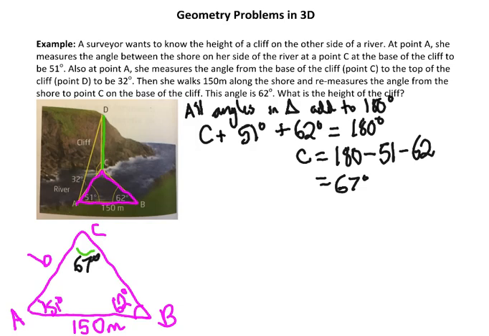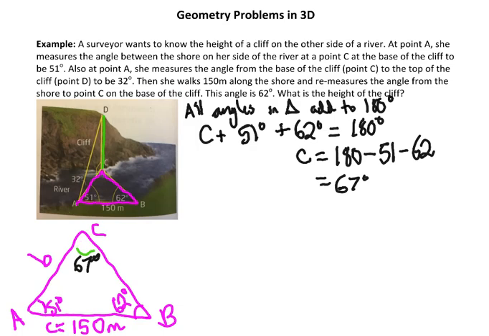Now that I know that, I can set up my sine law to solve for side B, sorry. So I know the side C and the opposite angle. This is side C, right? Remember the side letters are opposite their angle.